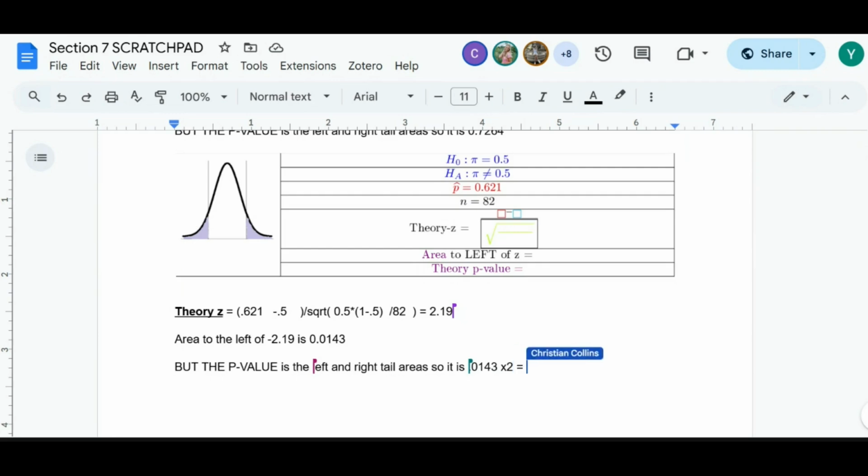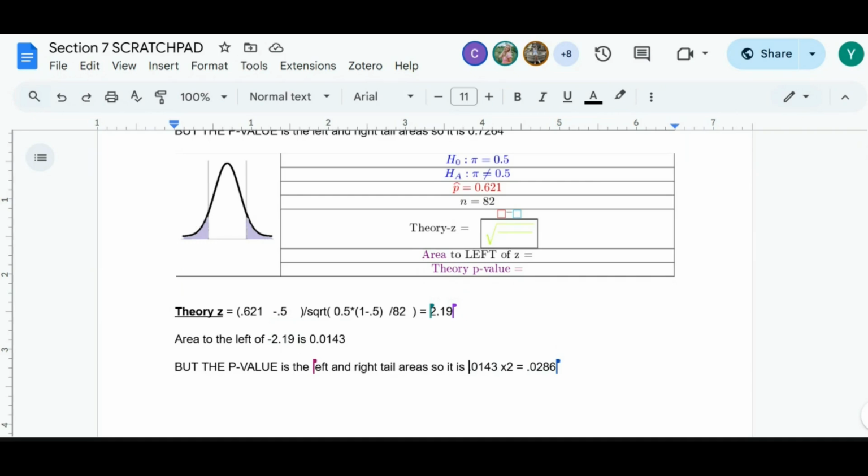So in the remaining time, and in fact, I'll let you off early today. Oh, yes. Why not change the people to negative? Yes. You mean the 2.19, right? Yeah. Okay. If you don't like this device, then just always do area to the left, do a 1 minus to get the right tail and multiply by 2.